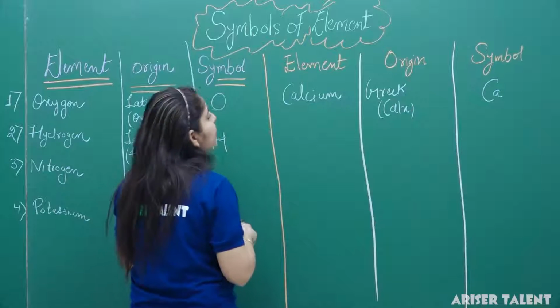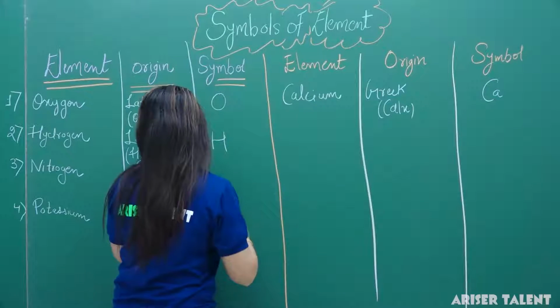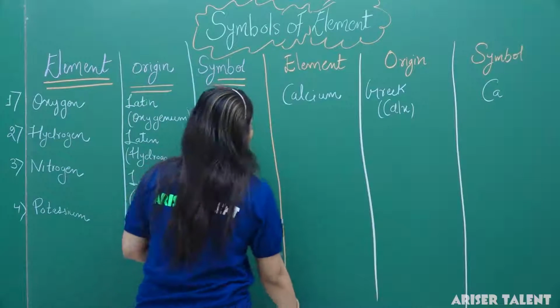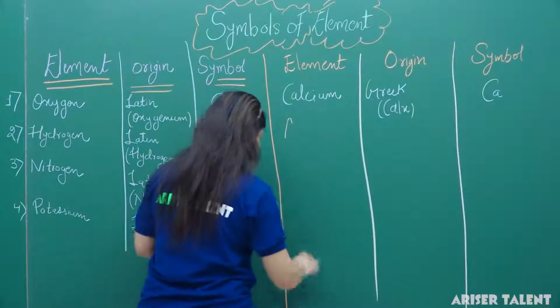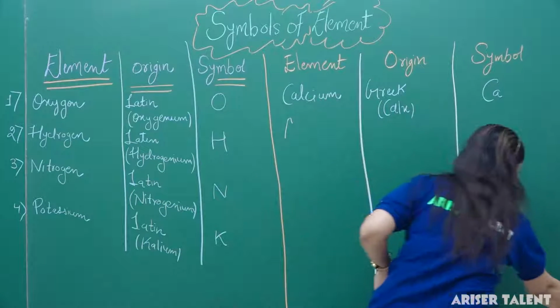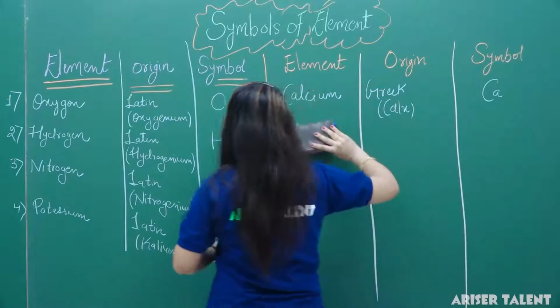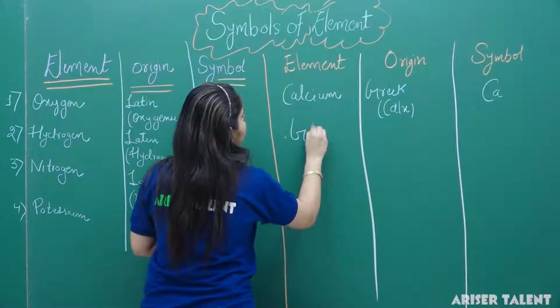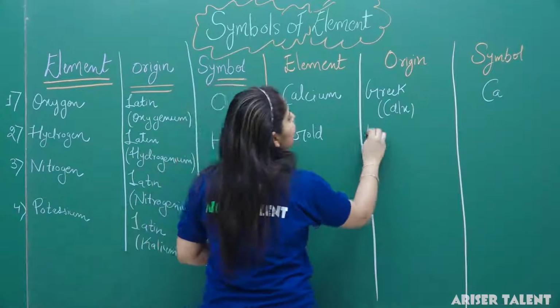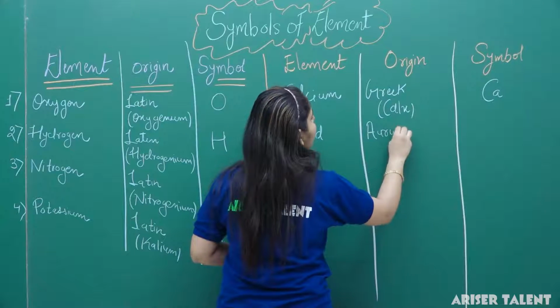Now we have more elements in this category. After this we have different metals such as gold. Gold is taken from the word aurum.